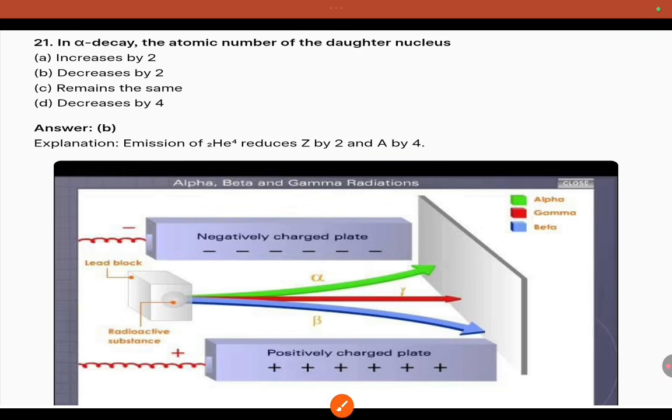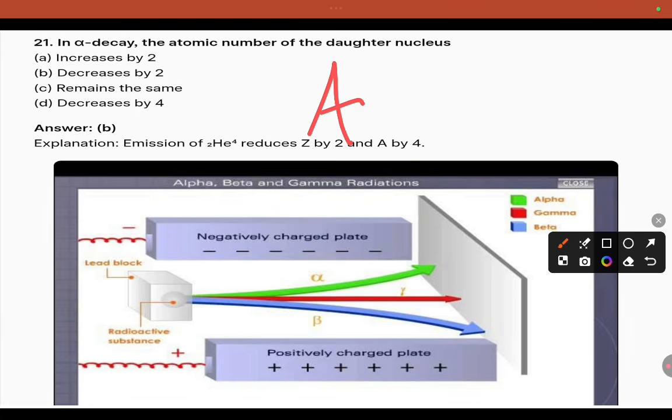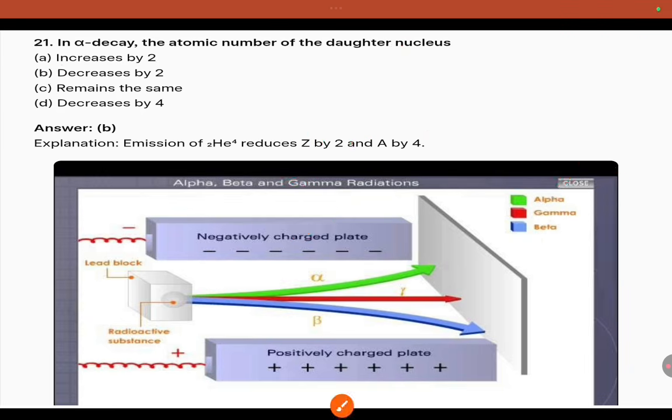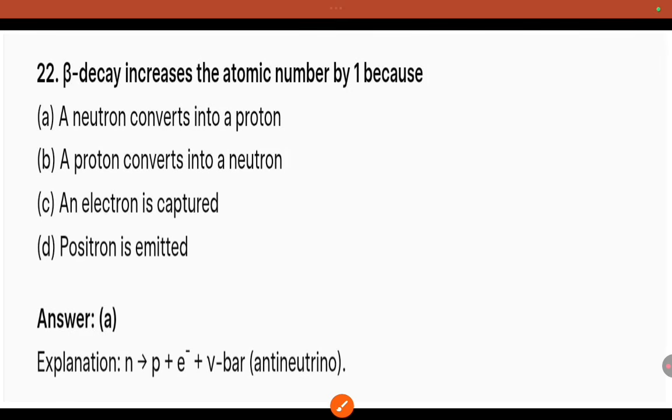In alpha decay, the atomic number is reduced by 2 and the mass number is reduced by 4. The question is asking for the atomic number, so it decreases by 2. Beta decay increases the atomic number by 1, because a neutron is converted into a proton, Y plus 1.